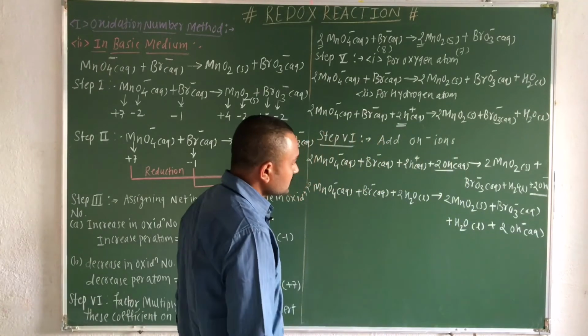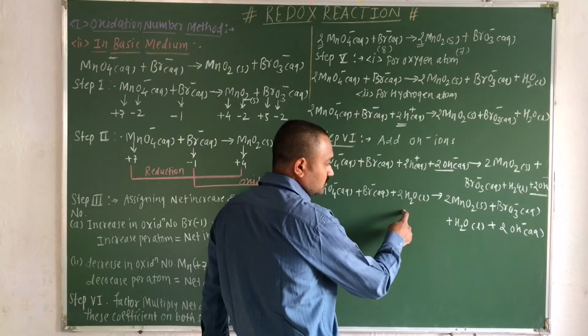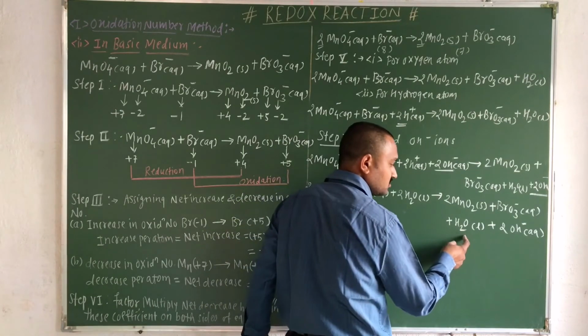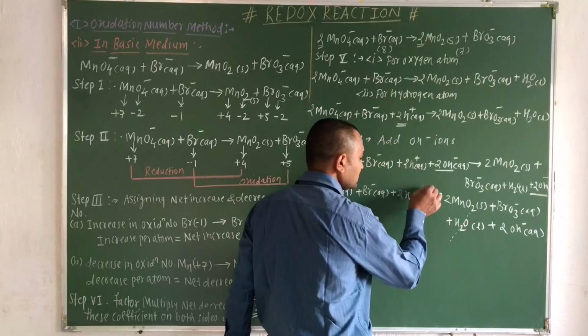As we know that there are 2 H2O on your left hand side and 1 H2O on your right hand side, one will cancel out.